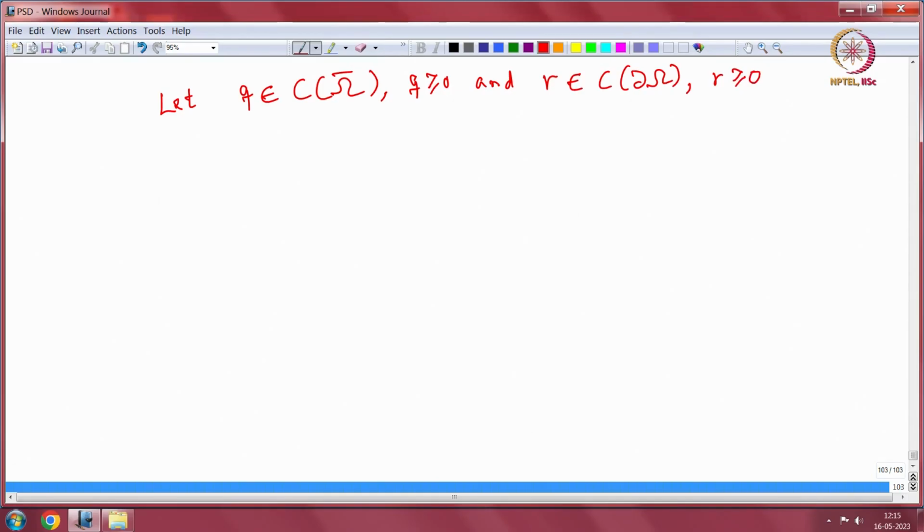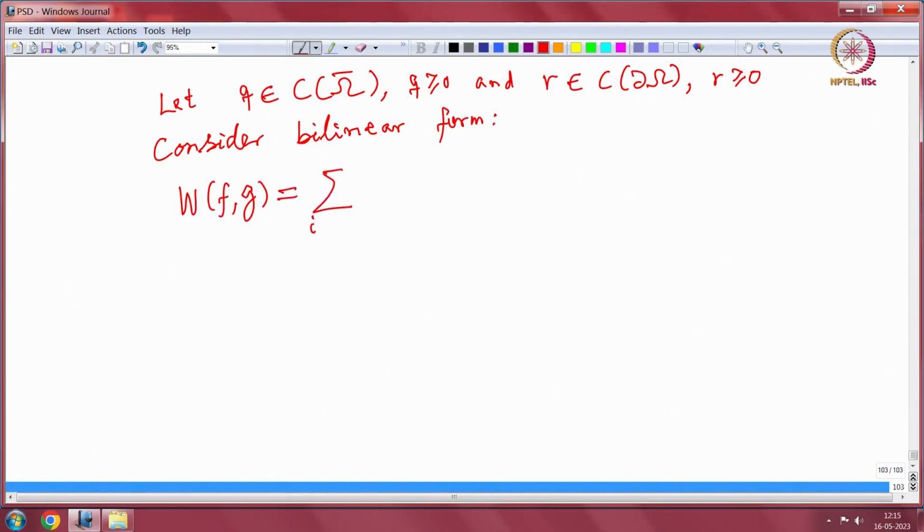Okay. So, consider this bilinear form. So, W(f, g) is the summation i, j equal to 1 to n, integral over omega of P_ij del f by del x_i del g by del x_j.